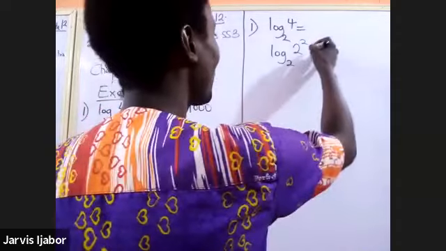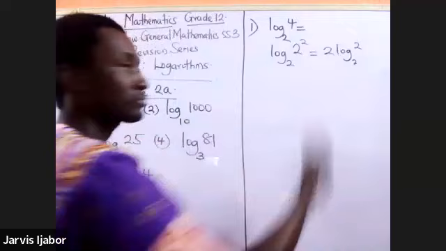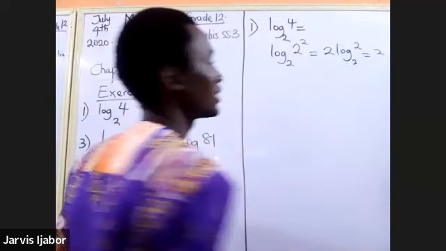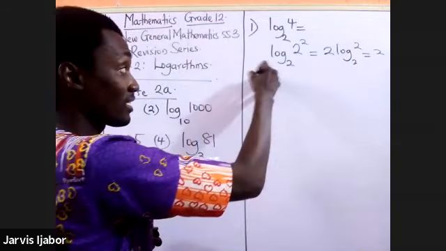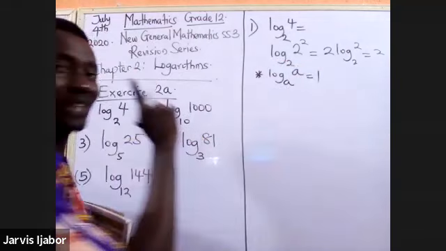Alright, so this will now give you what? 2 log 2 base 2, which is equal to 2. Because recall that log a base a is equal to 1. That's the important thing you need to remember.